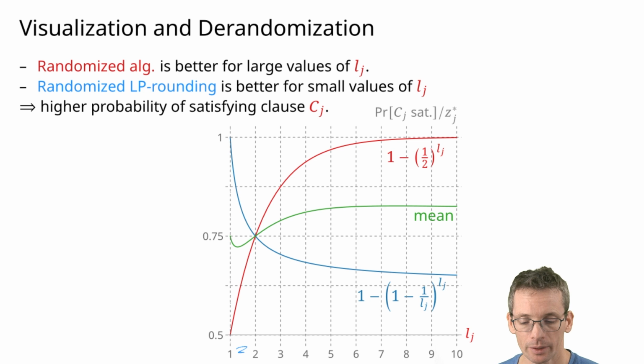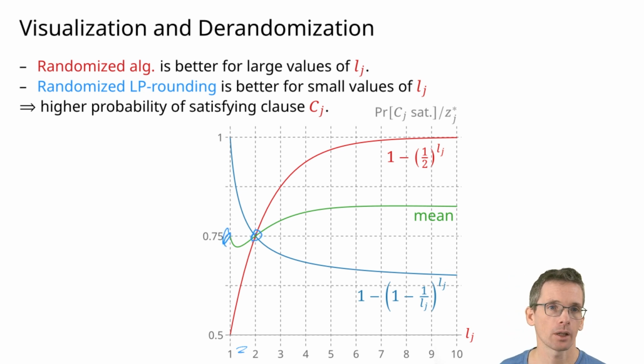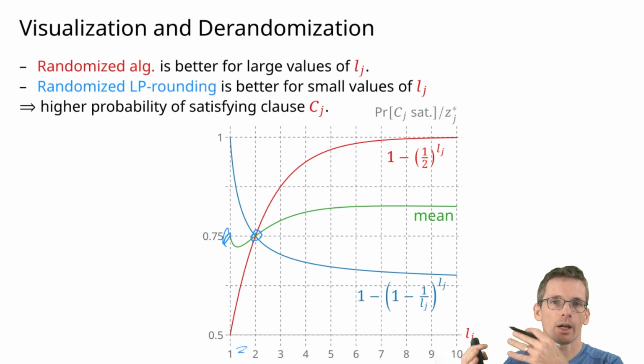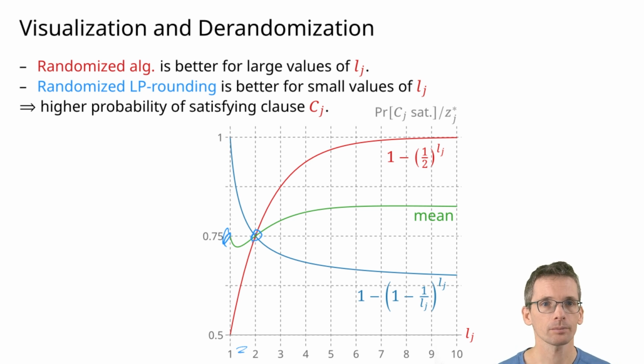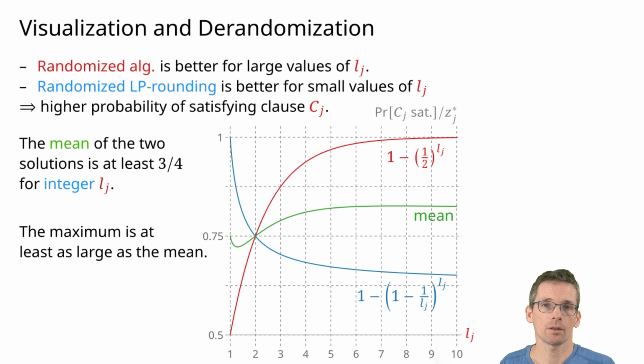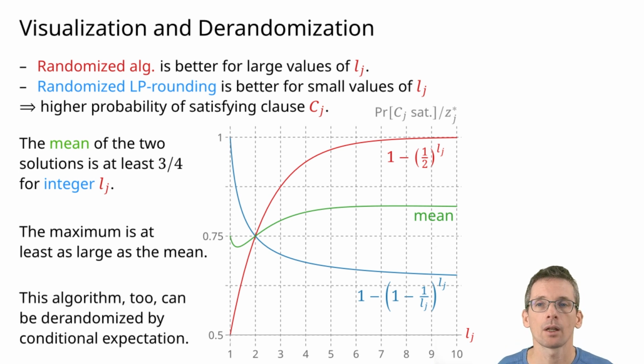But therefore also in the analysis, we had to do this case distinction where we did 1 and 2 separately, and then we're able to use a more analytic bound. So the mean here always stays above 3/4 for integer values of Lj. And the maximum is at least as good, and this is what the algorithm does. And again, we can de-randomize that algorithm if we want to using conditional expectations.